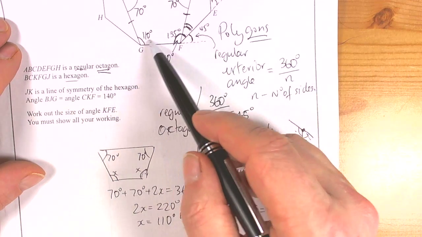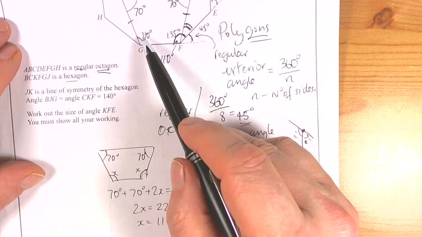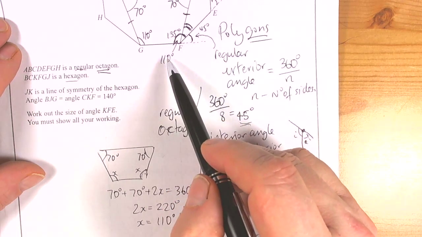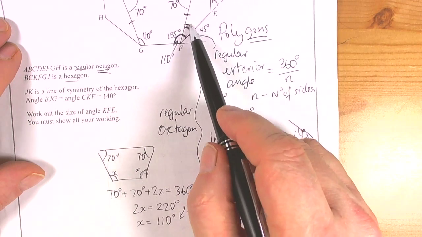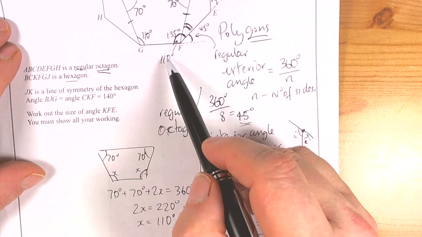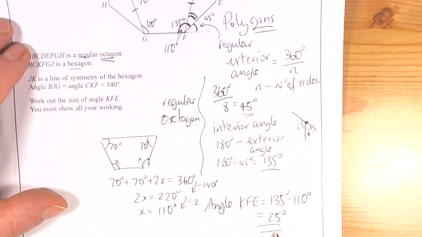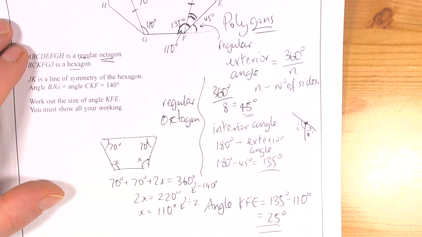We've used the line of symmetry to help us decide that the bottom two angles in the hexagon were 110 degrees, so the bit here must be 135 take away the 110, which is 25 degrees, and that's why we found the final answer is 25 degrees.